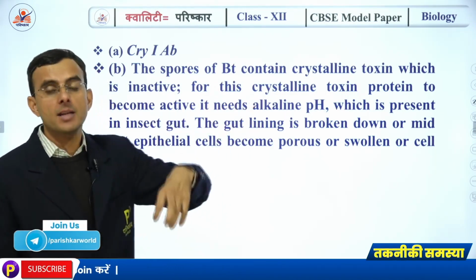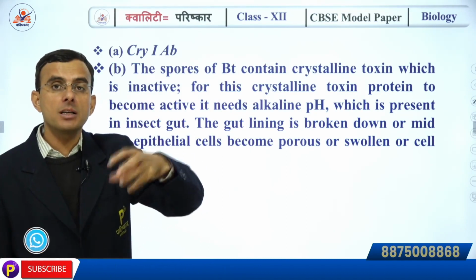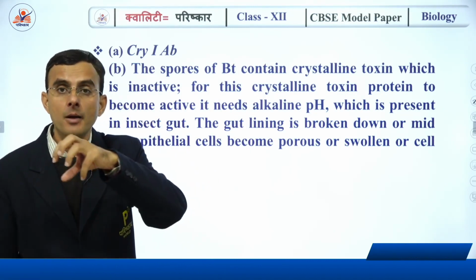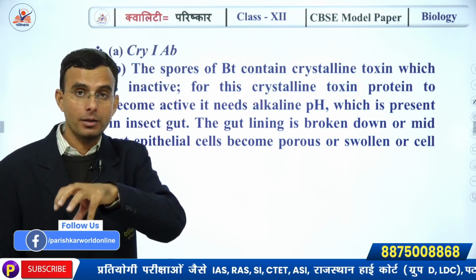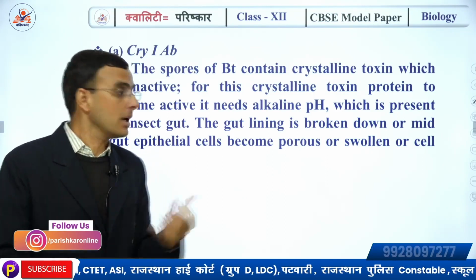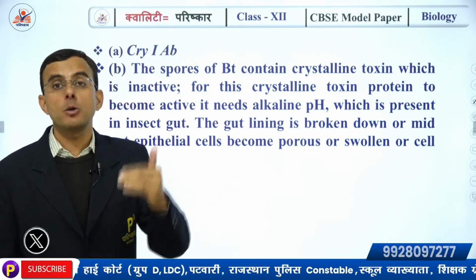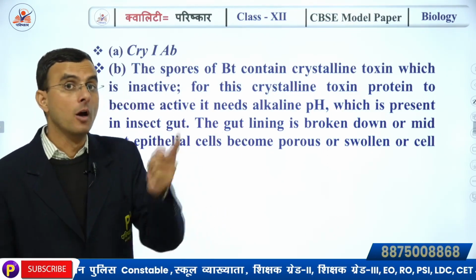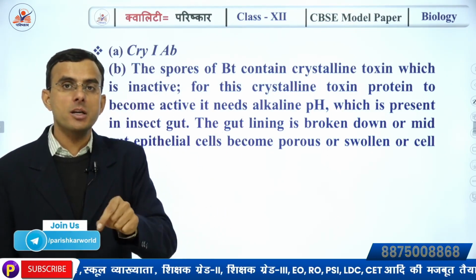Whenever that toxin is ingested into an insect gut, it finds the alkaline pH, and in that alkaline pH it is converted into active form.